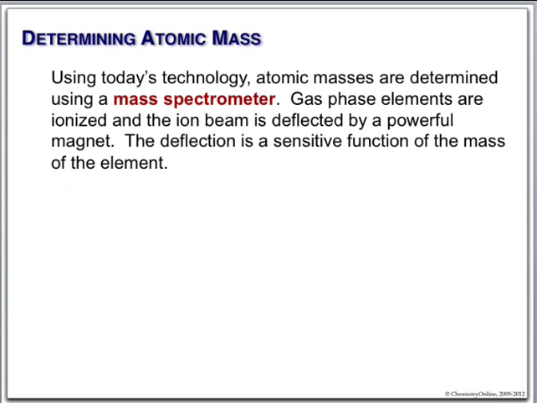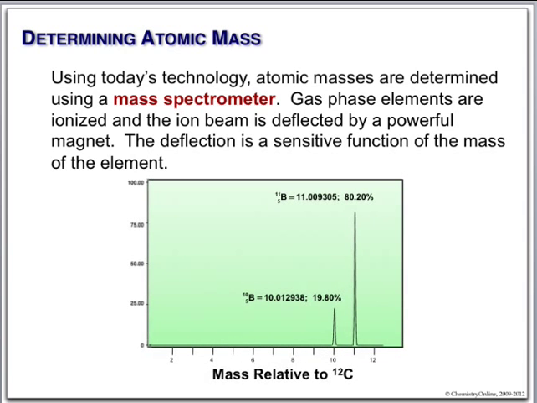Just to show you how accurate these things are, this is for boron 10 and 11. Boron 11 actually weighs 11.009305 at 80.2%. So the accuracy on these things is just phenomenal. They're just amazing little machines. Any questions?